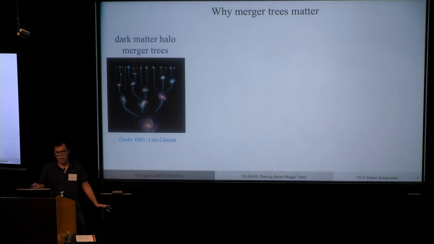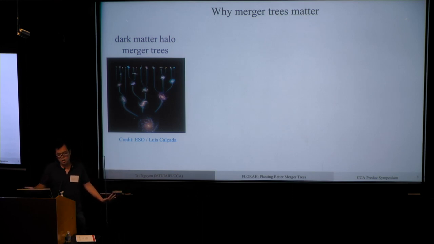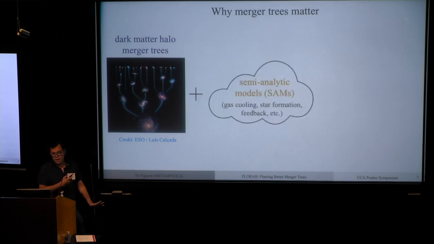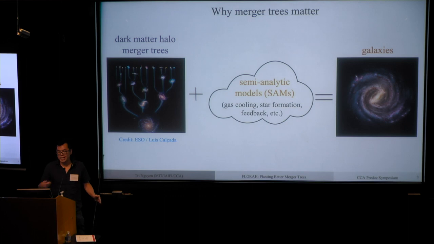So the quickest way is to have a dark matter only N-body simulation, extract the dark matter halo merger trees out of it, and then combine them with semi-analytic models, or SAMs, which include a lot of physics, for example gas cooling, star formation, and feedback physics, and then you end up with galaxies. So this is why merger trees are extremely important.